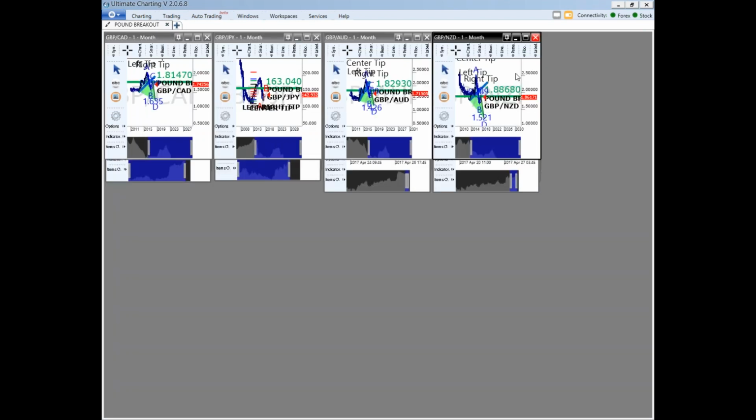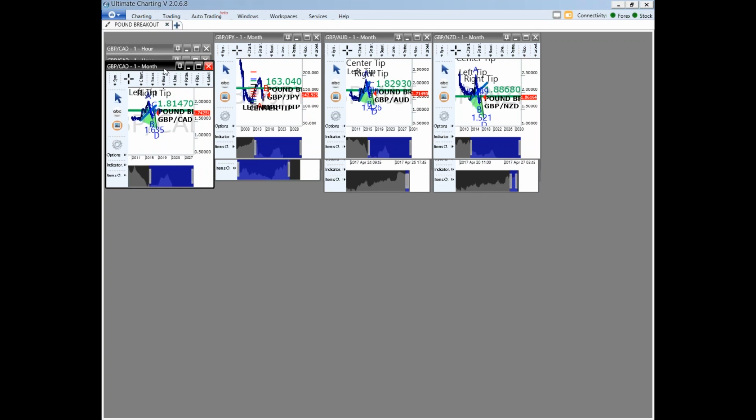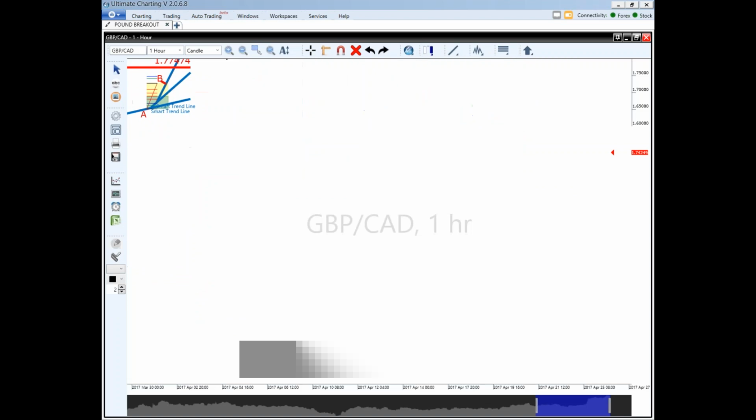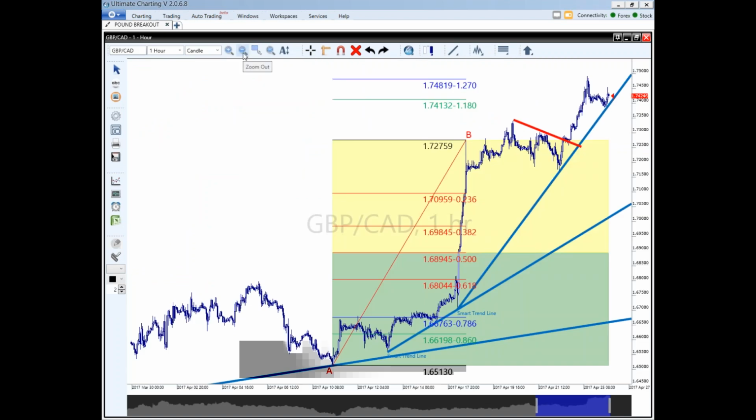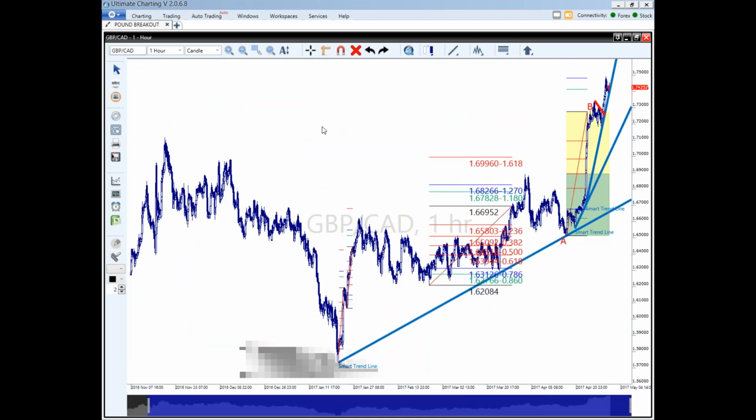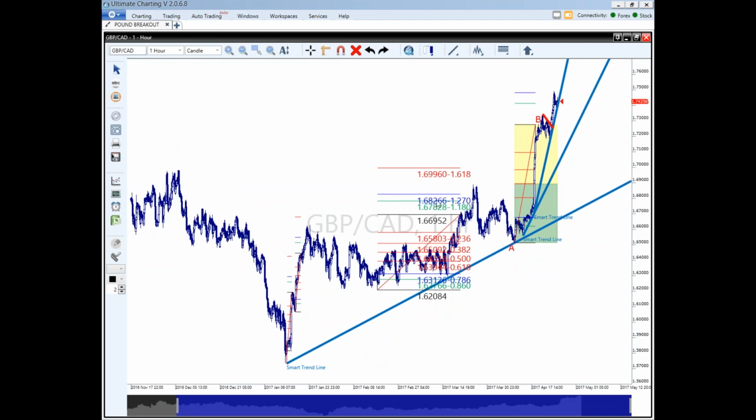So we're now going to take a look at this, okay, from left to right once again. We've got the pound Canadian monthly, which we took a look at, and the targets to the north. So by breaking it down to the 1 hour time frame, again, what we've done here is we've begun to do the analysis of where the market has begun to take off to the north in regards to the pullback.